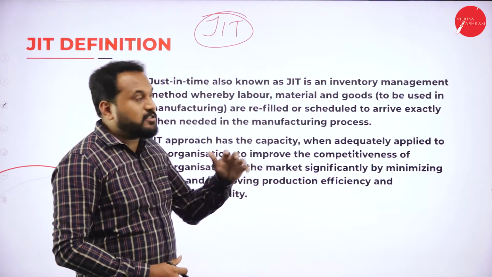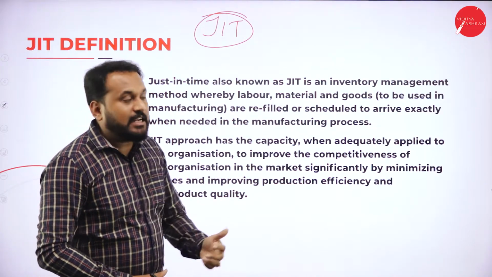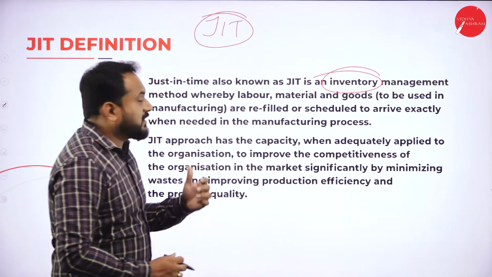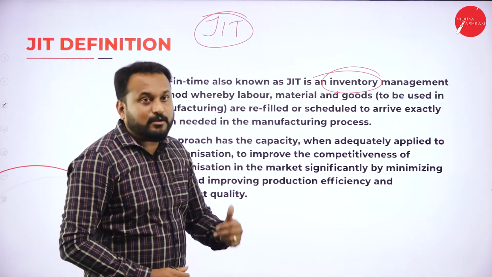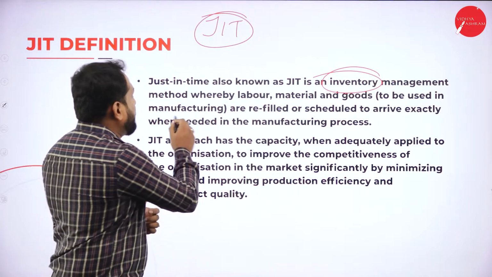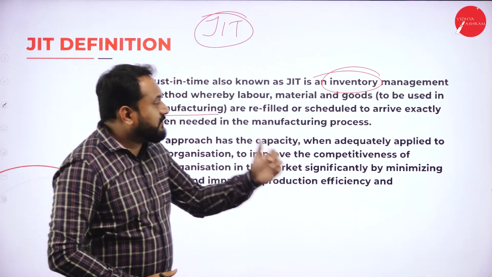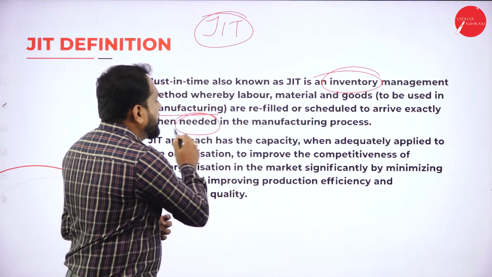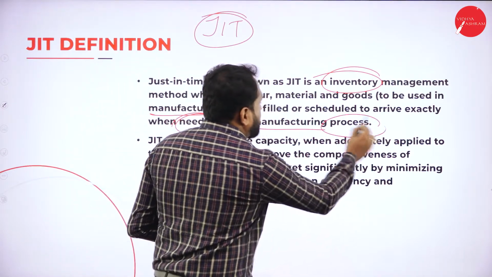Just in time, also known as JIT, is an inventory management method whereby labor, material and goods to be used in manufacturing are refilled or scheduled to arrive exactly when needed in the manufacturing process.